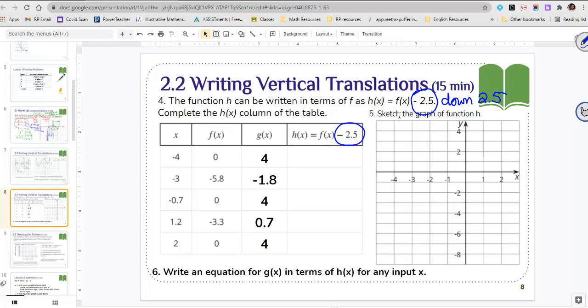Now be careful with this. You now have a g function in the middle that we have filled in. It's telling us to go back to our original f of x function and subtract 2.5 from it.